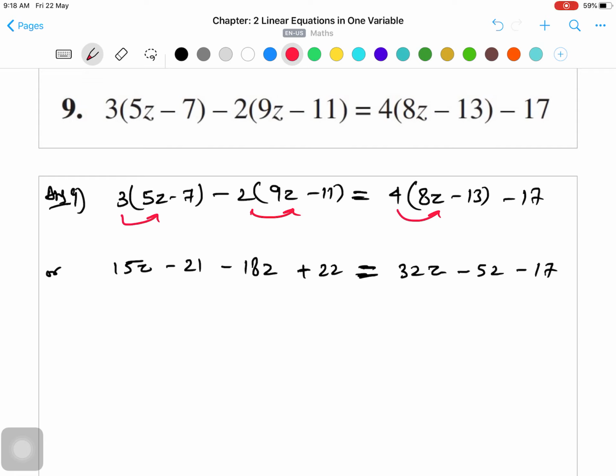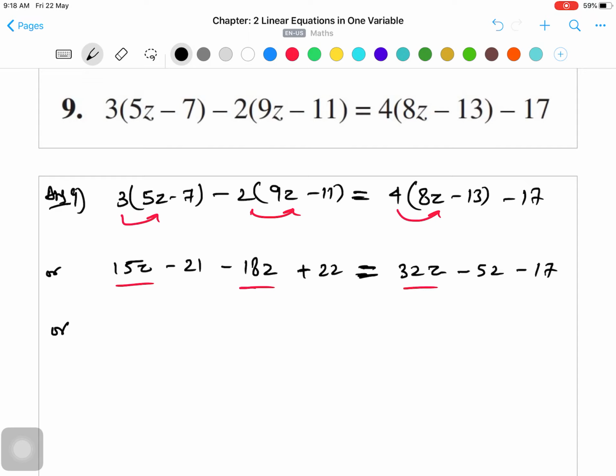Okay, now we have variable terms. We'll shift the variable terms to one side and the non-variable terms to the other side of the equality sign. First, solve the terms on each side.